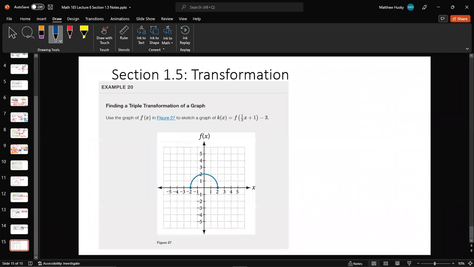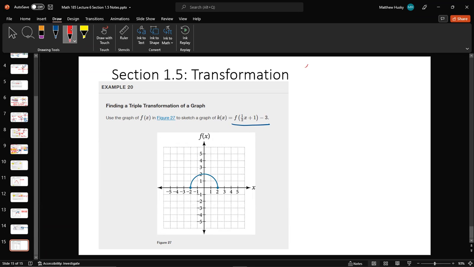So here they say, sketch the graph of f of (1/2 x plus 1) minus 3. So here's what we're going to do. We've got this formula right here.